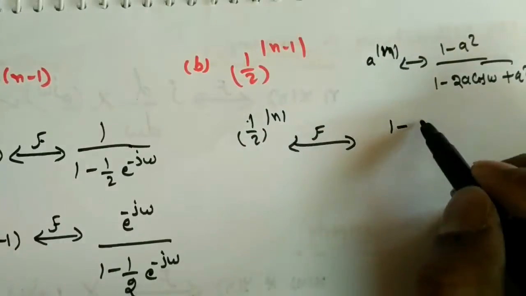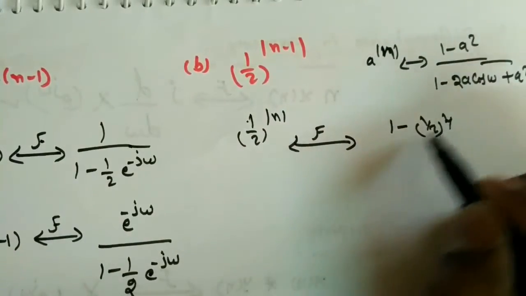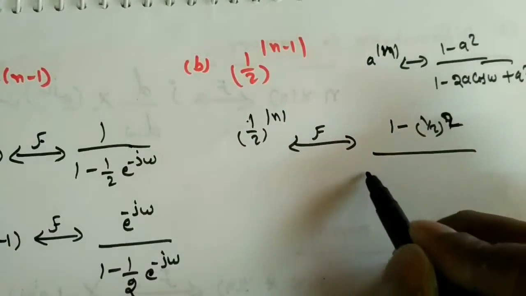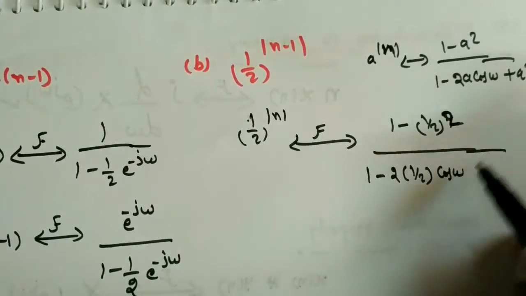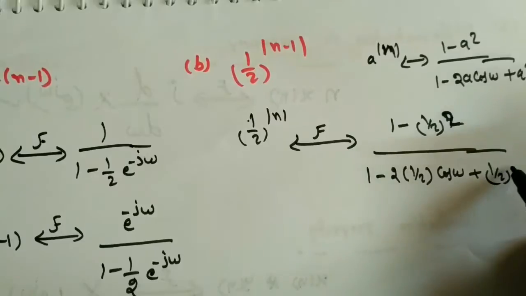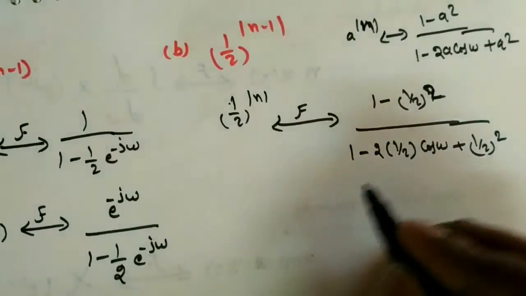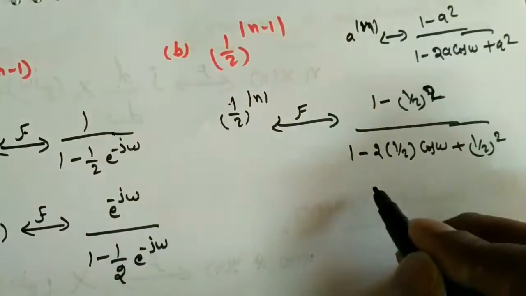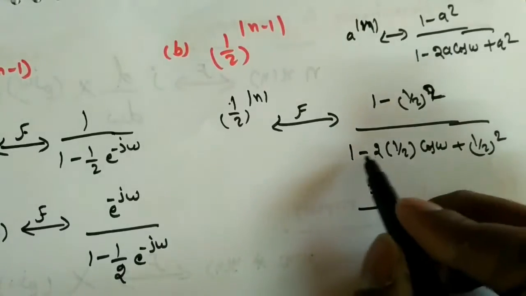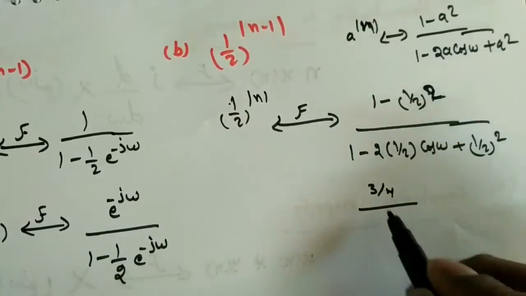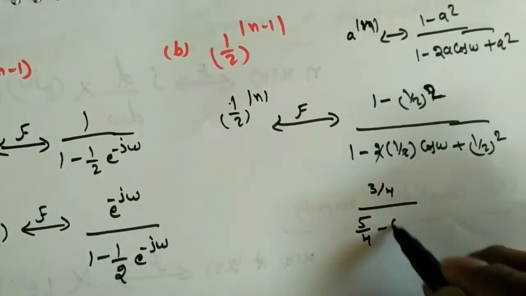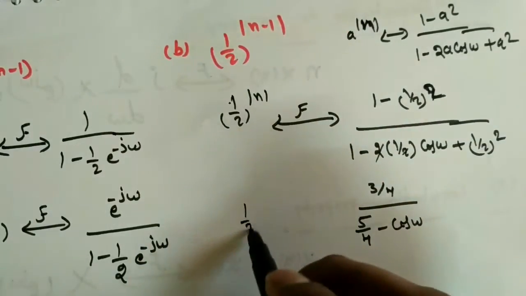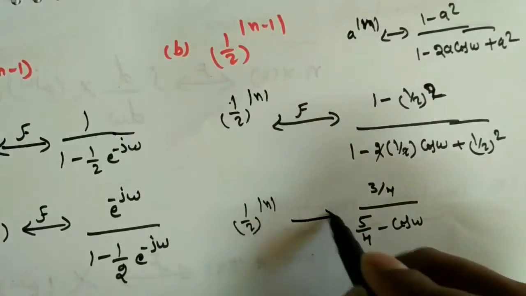So 1 minus a square means 1 minus 1 by 4, which gives 3 by 4. The denominator is 1 minus 2 into 1 by 2 cos omega plus 1 by 4, so 5 by 4 minus cos omega, since the 2 cancels. This is for 1 by 2 power mod n.